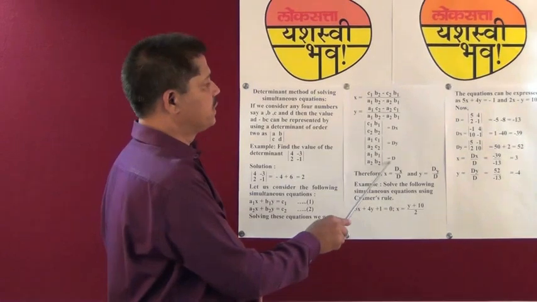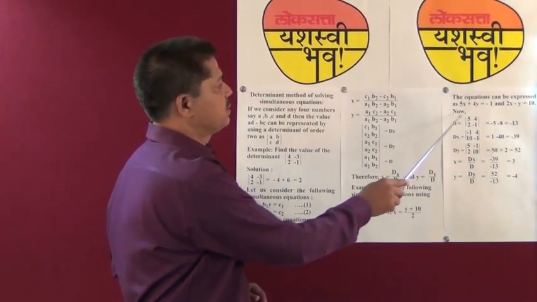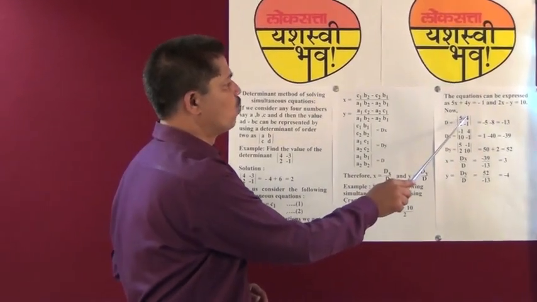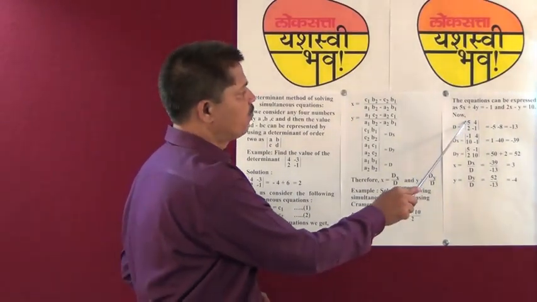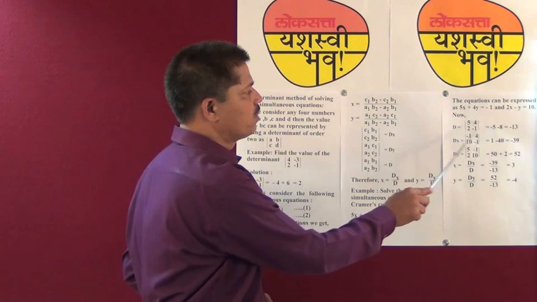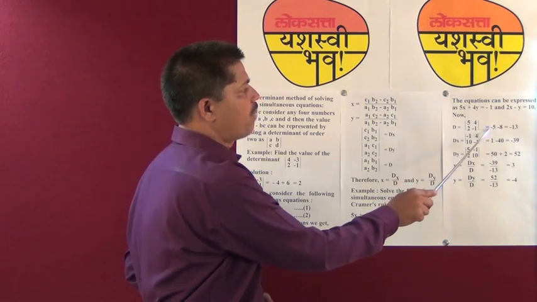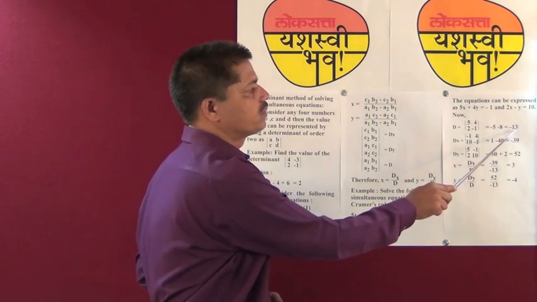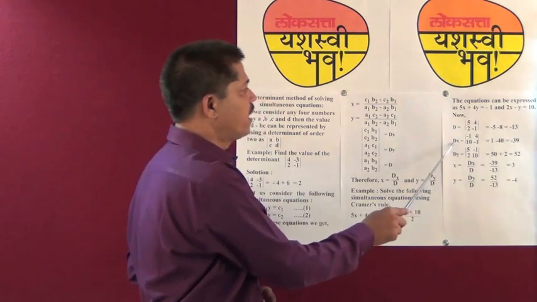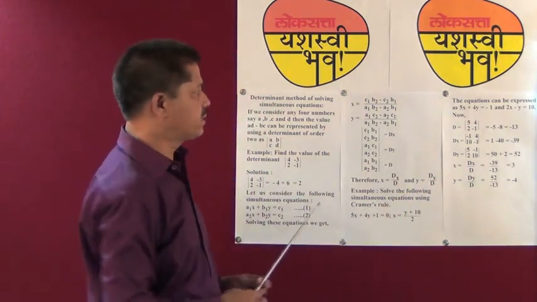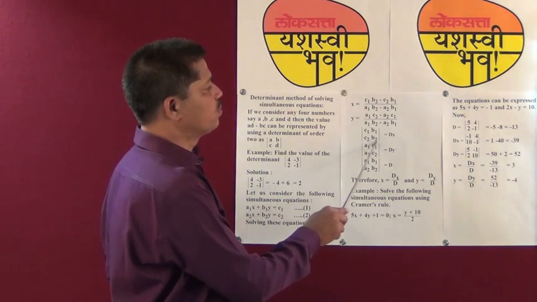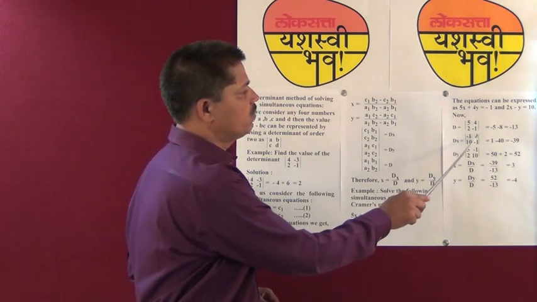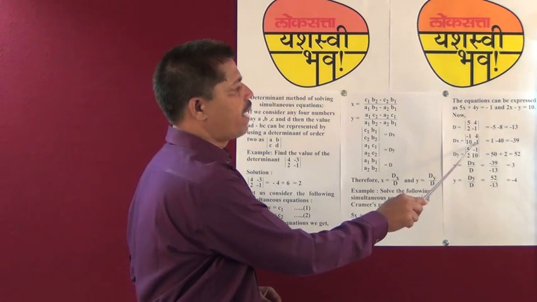The value of the determinant D, if you take 5, 4, 2, minus 1: 5 into minus 1 is minus 5, 4 into 2 is 8, minus 5 minus 8 comes out to minus 13. Whereas for Dx, we get c1, b1, c2, b2, which is minus 1, 4, 10 and minus 1.